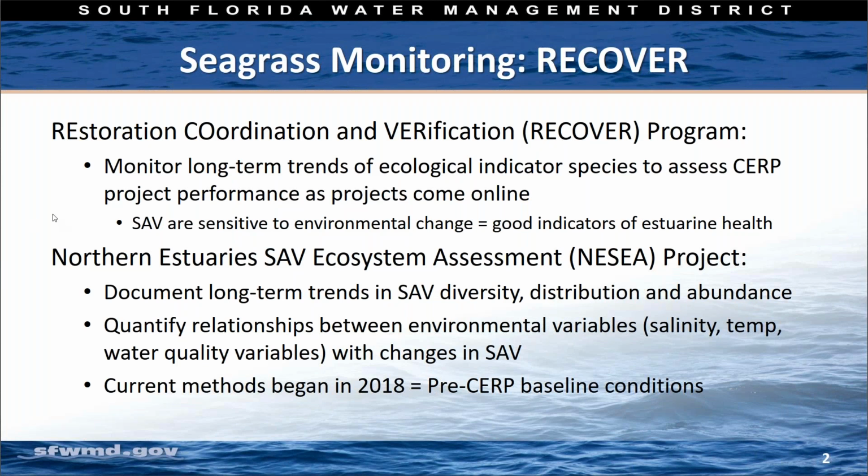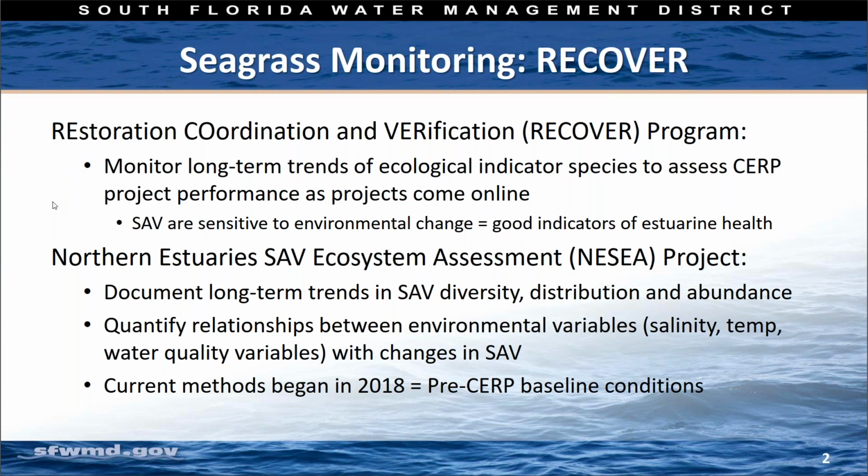So the data presented today establishes the pre-SERP project baseline conditions for SAV in the CRE. The project supports the RECOVER program for long-term monitoring trends of ecological indicator species to assess SERP. The monitoring program is the Northern Estuaries SAV Ecosystem Assessment Project.